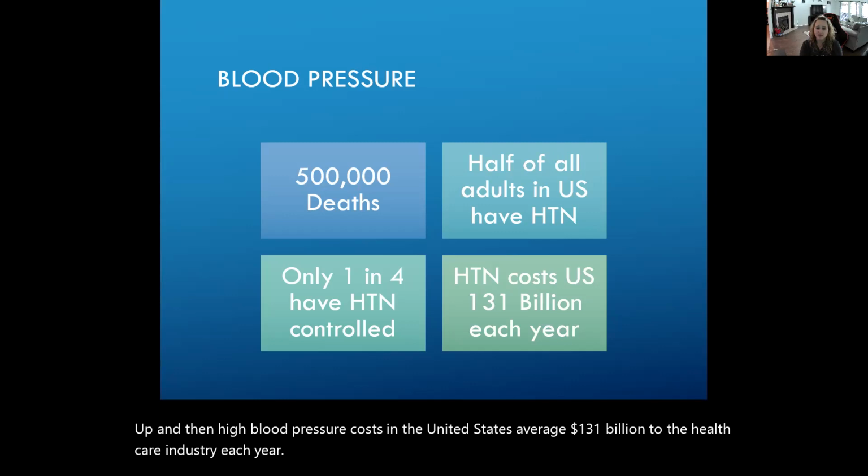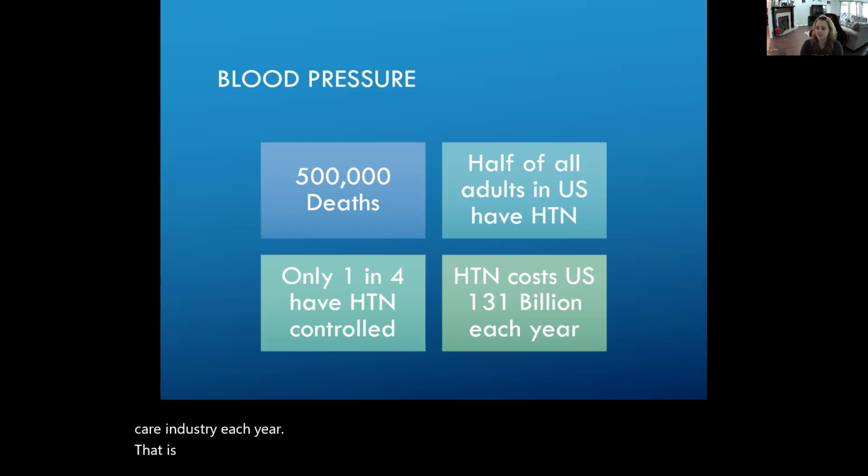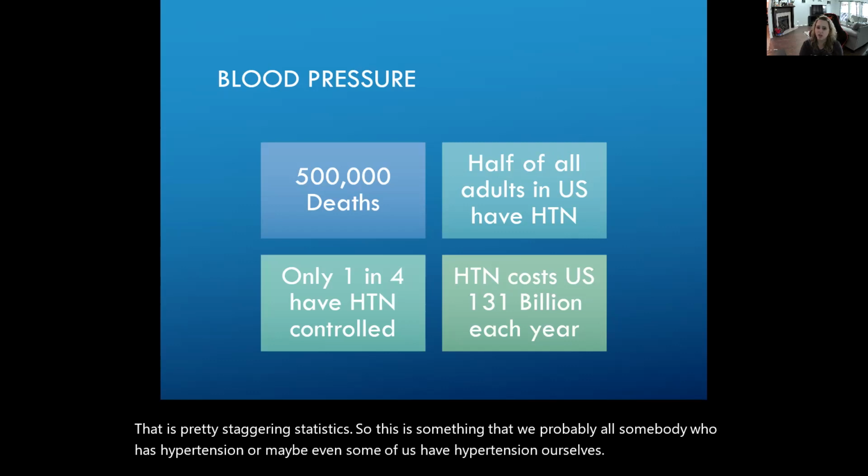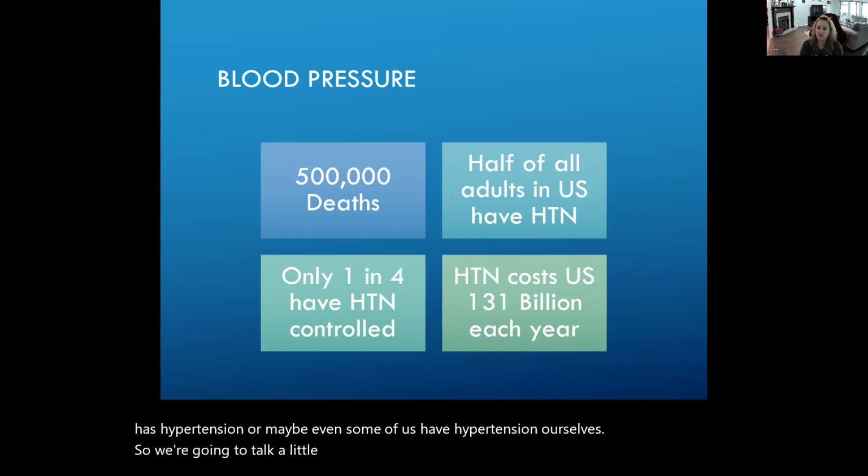That is pretty staggering. This is something that we probably all know, somebody who has hypertension, or maybe even some of us have hypertension ourselves. So we're going to talk a little bit about the pathophysiology, risk factors, diet, and treatments for patients with hypertension.